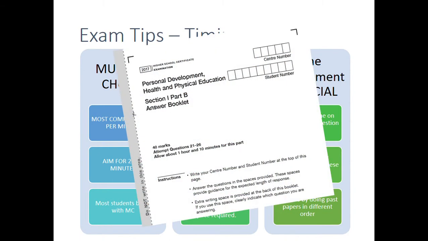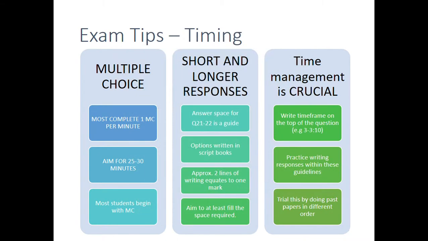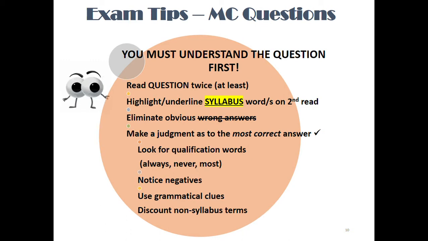That's an example of the writing booklet that you will receive for your HSC, and you'll be provided all that information from the marking supervisor once you're in there. Okay, so exam tips for multiple choice questions. You need to read the question at least twice, because what we're looking for is any grammatical clues, so most, qualification words, never, best, all those sorts of things.